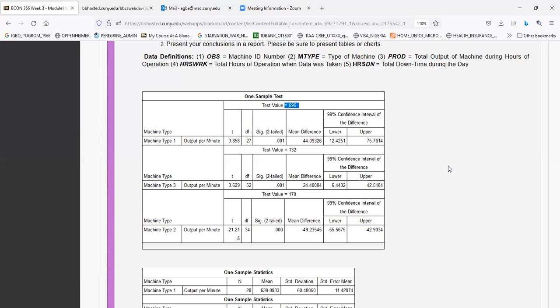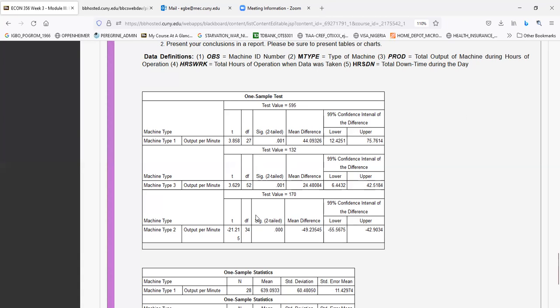So you state your null hypothesis, you state the alternate hypothesis, you state a critical Z value. I'm going to actually give you a critical value there. And then you take the calculated Z and compare it to the critical Z and give me a conclusion. So for the first machine, 85% of 700 is 595.